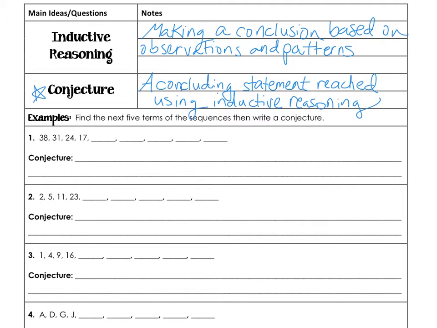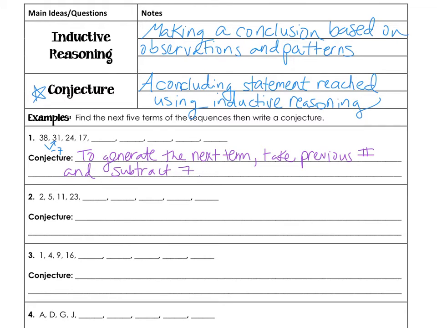If we continue that, we also get the 17, so we can make our inductive reasoning. Using inductive reasoning, we can make a conjecture that it is subtracting 7 each time to reach the next term. That means if we subtract 7 after 17, 17 minus 7 gives us 10. If we subtract 7 more, that gives us a positive 3.